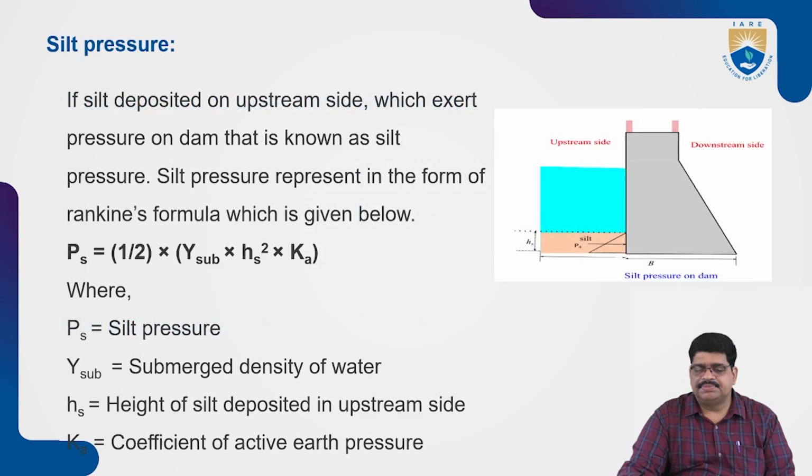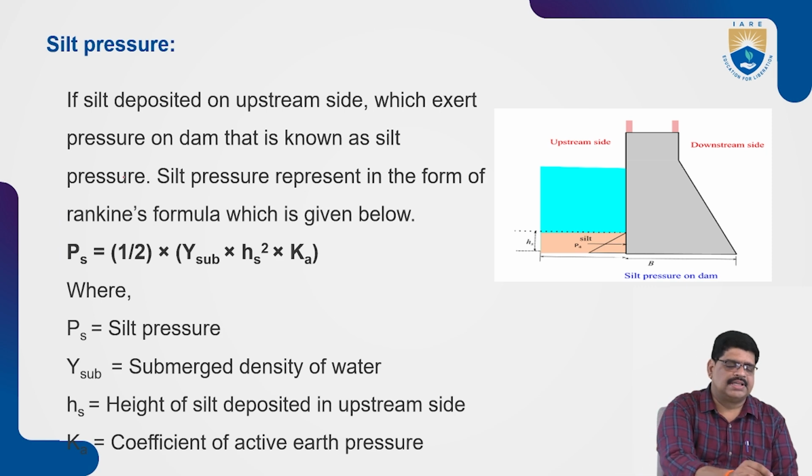Next is silt pressure. What is meant by silt pressure, and how can it affect the construction of gravity dams? Let us see that. In a gravity dam, the silt deposited on the upstream side, which exerts pressure on the dam, is known as silt pressure.